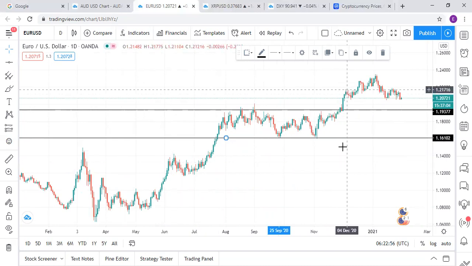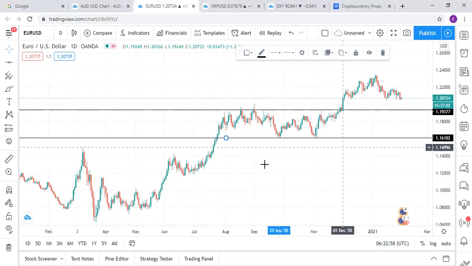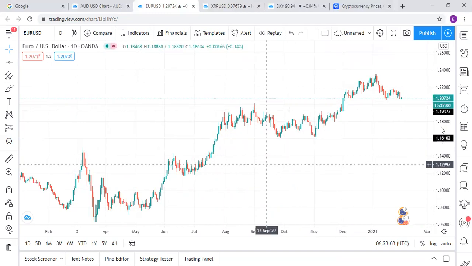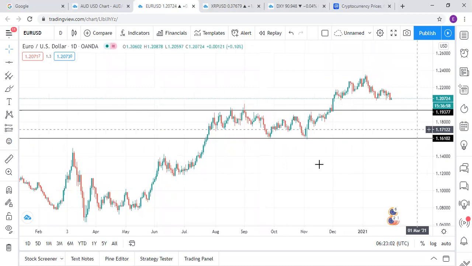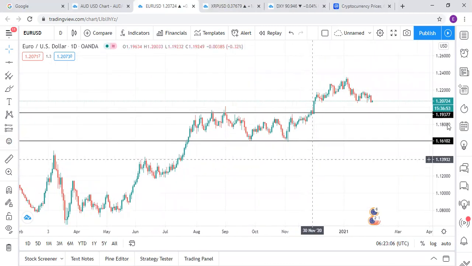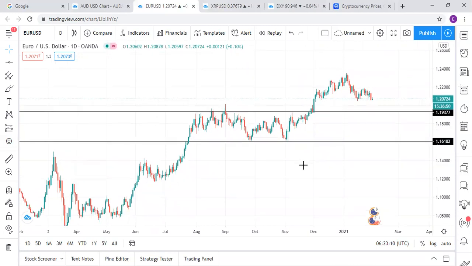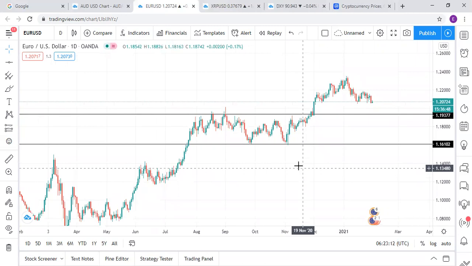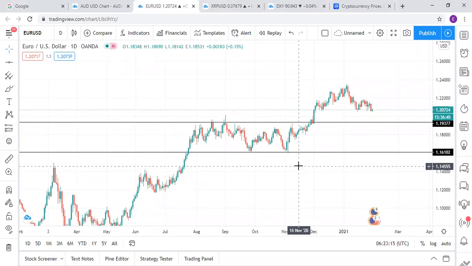But when we look at what is happening presently in the market, we need to ask ourselves a question: has the uptrend stopped? Are we going to have a downtrend that is about to start now?